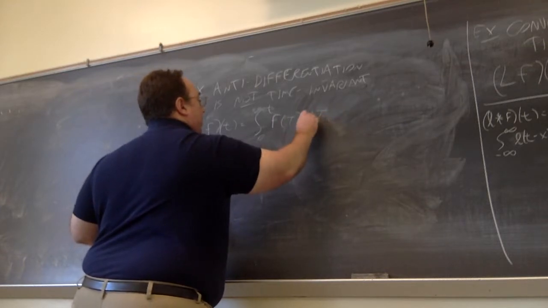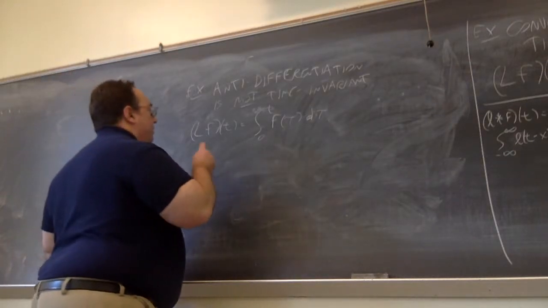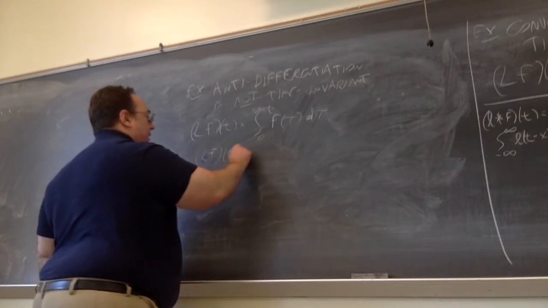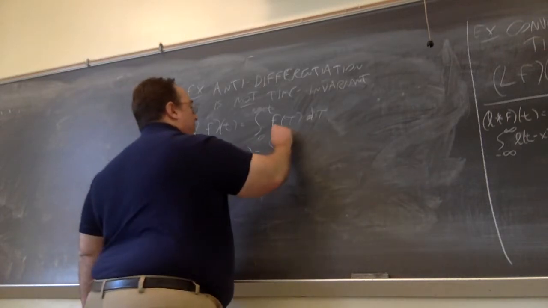So it's taking a particular antiderivative, where we just fill in 0 for the lower limit. It's easy to figure out filter then shift, because all you have to do is replace t with t minus a in the upper limit of the integral.